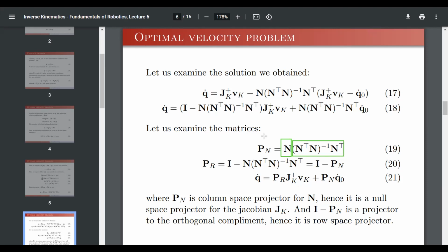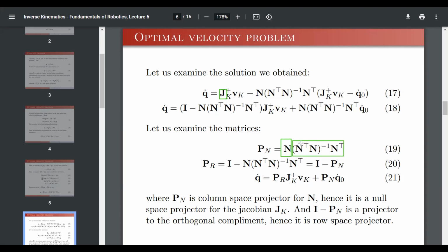Okay. So I know this is a column space projector from just looking at it. But column space of what? Of n. N is a null space basis. So this column space projector projects us onto the columns of n, so onto the null space. So this guy, 19, gives us a projector onto the null space of J, okay?